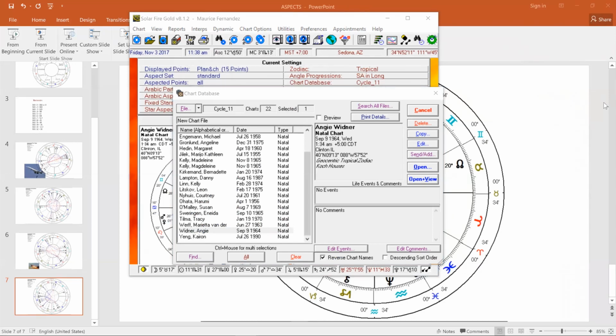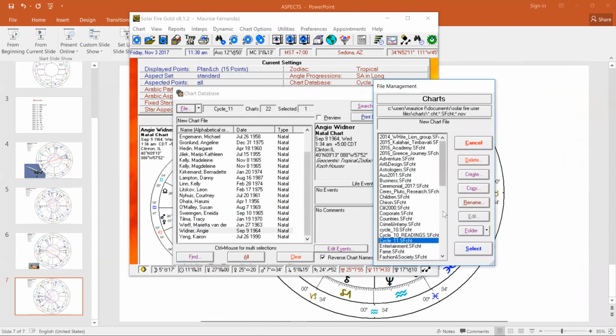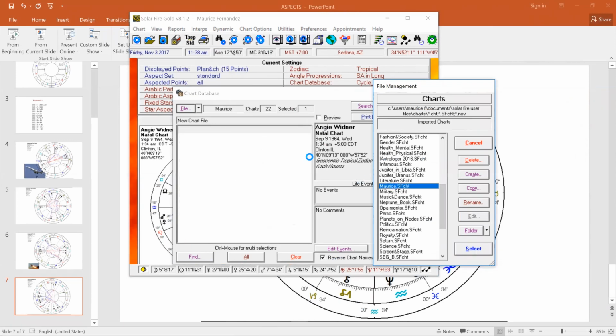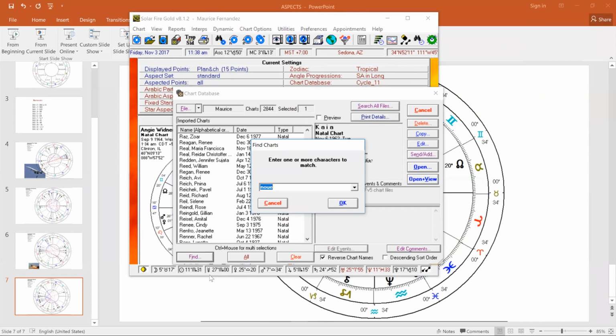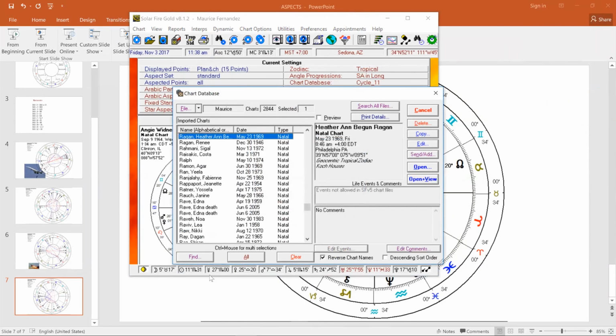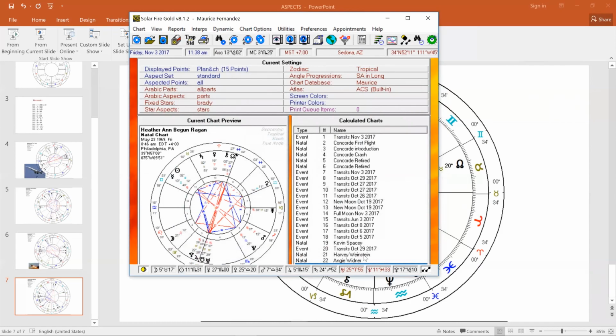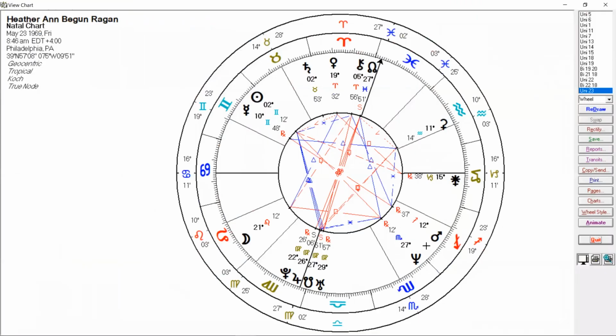Here, a volunteer's chart. Heather. So here's Heather's chart.